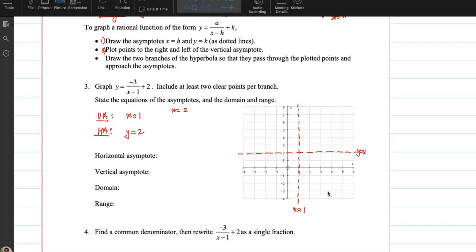On the right, take x = 2 and x = 4. For x = 2, y = -3/1 + 2 = -1, so the point is (2, -1). For x = 4, y = -3/3 + 2 = -1 + 2 = 1, so the point is (4, 1). That's all you need for the right side.